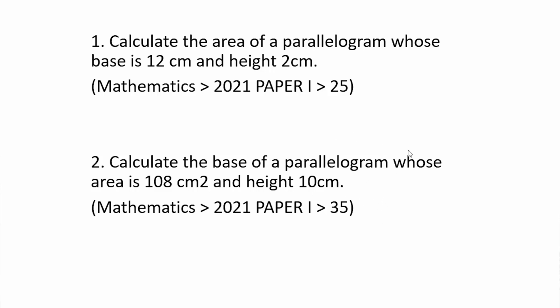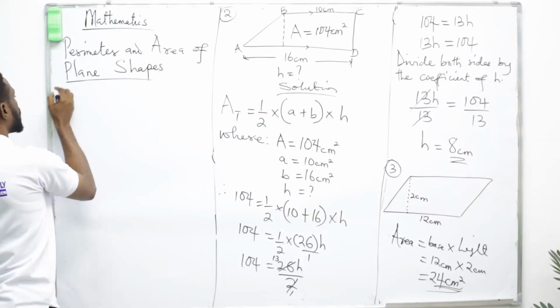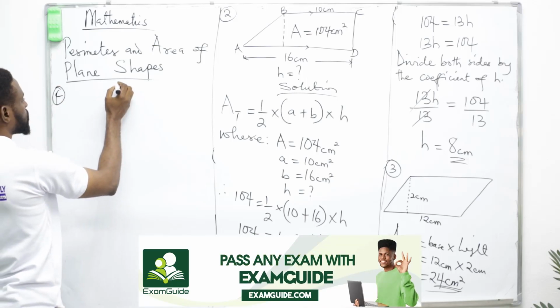All right. So let's look at the rhombus. It says calculate the area of a rhombus whose diagonals are 8 cm and 16 cm long. I will draw down the rhombus and show you the diagonal. So number 4. This is the rhombus.